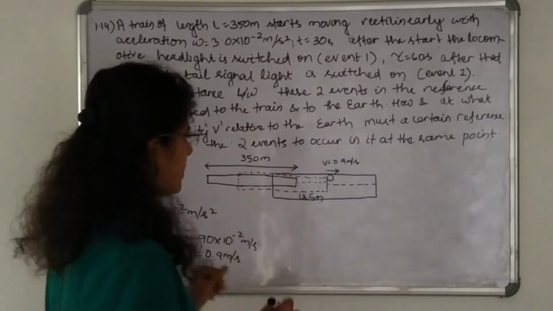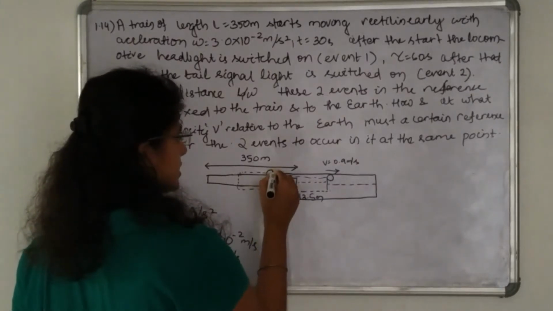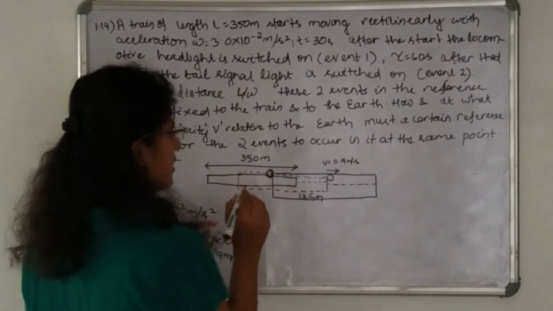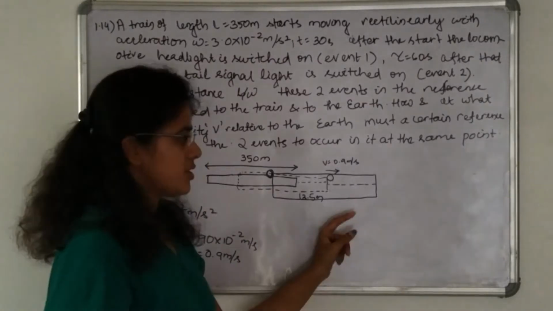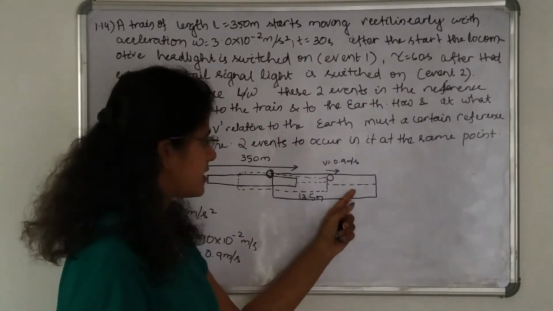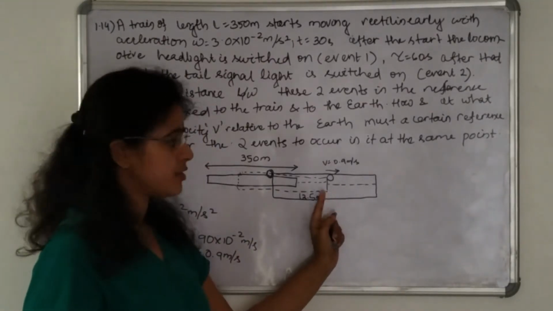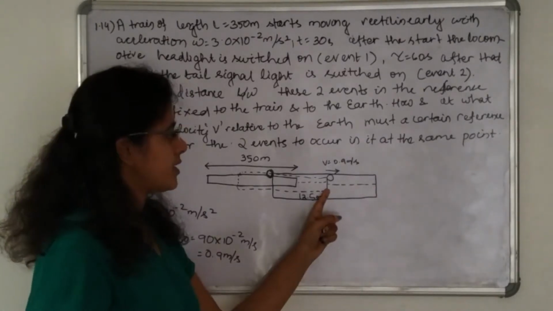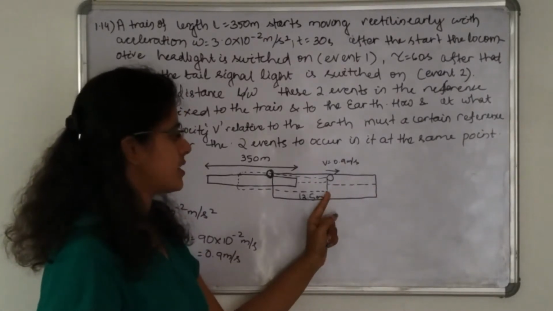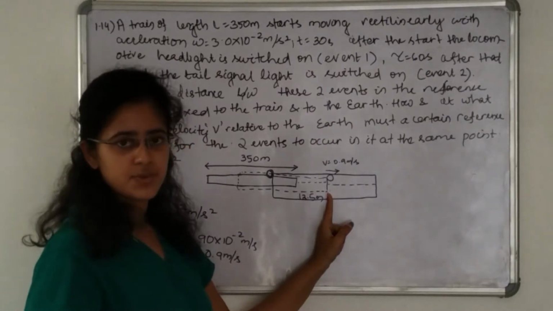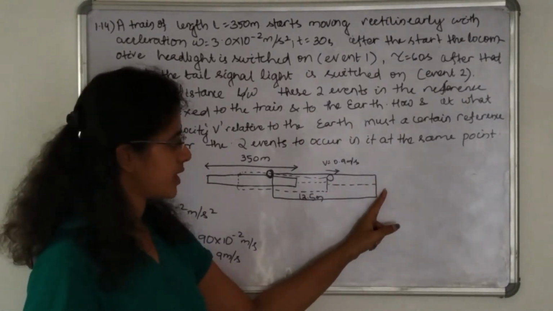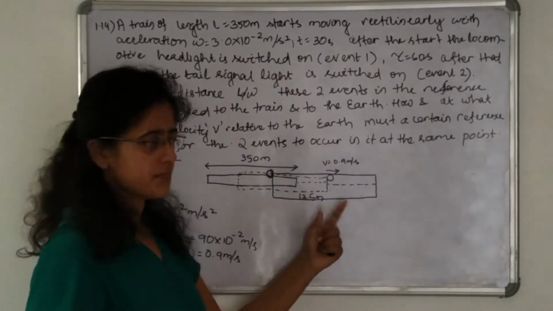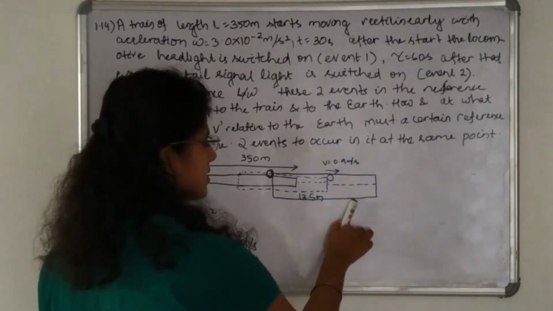So in this event, the light which is in the back side of the train is switched on. So for the second event, the initial position is this, the final position is this. If we are taking the headlight condition, then initially the headlight is at this position and finally we have to calculate this distance.